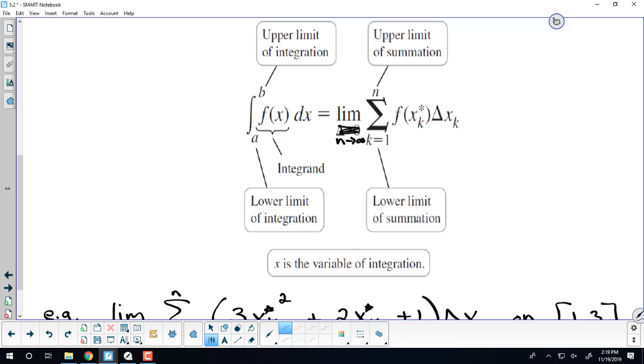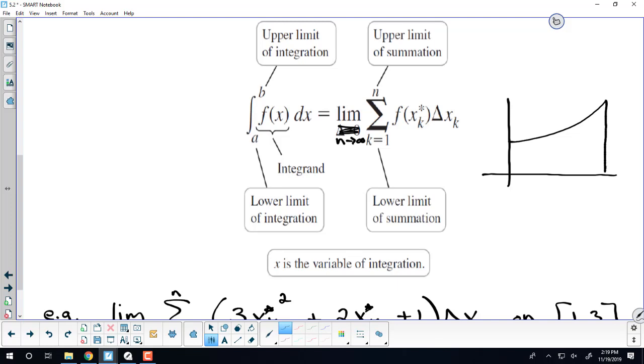So the upper and lower limit of integration just correspond to the interval that you're looking at, the closed interval from a to b. F of x is the same thing as f of x star over here in the summation. Dx, as we said, was the same thing as this delta x. This delta x sub k is just a more generic notation.